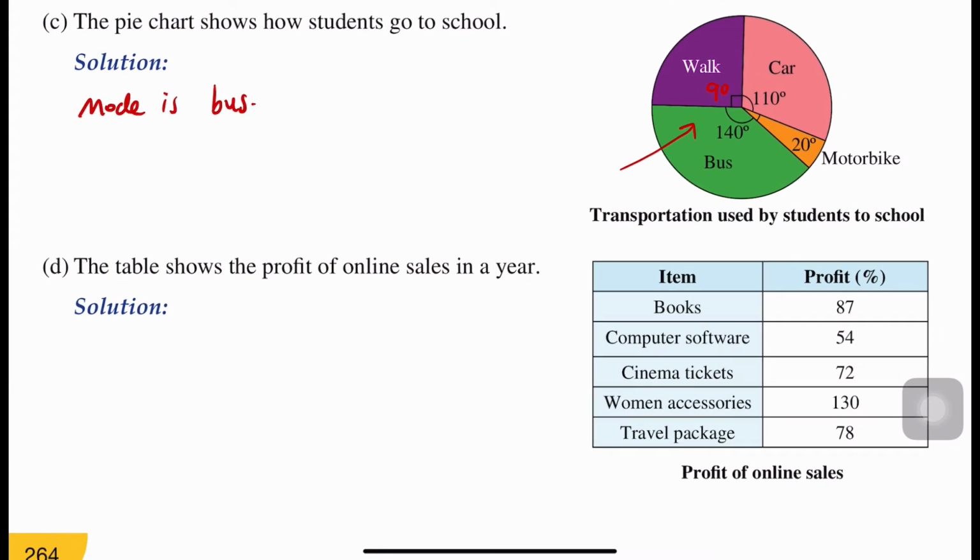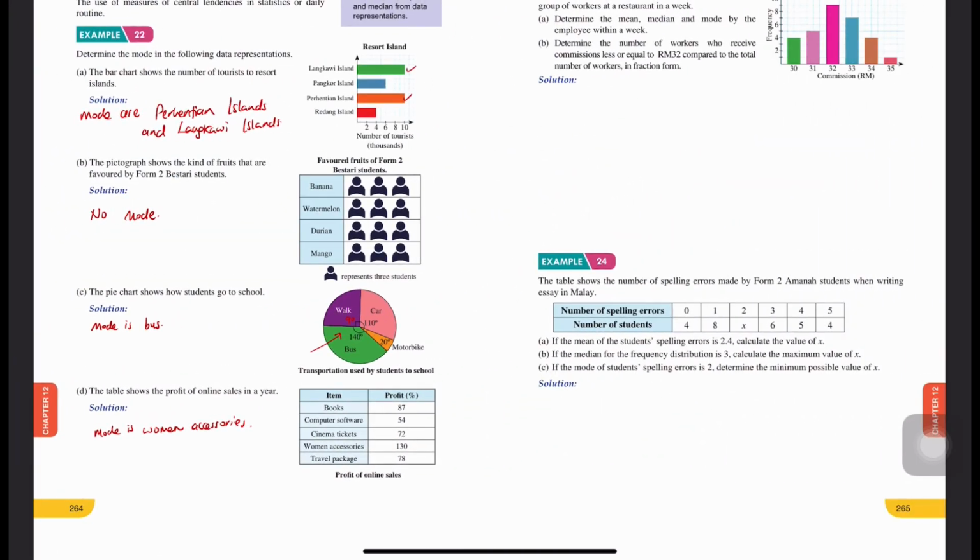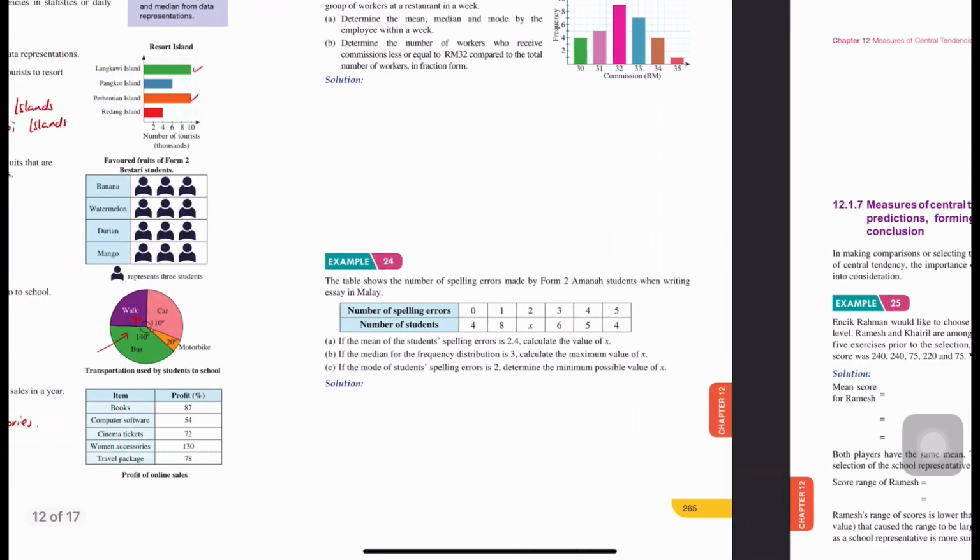So kita tengok percentage mana yang paling tinggi. Profit paling tinggi adalah 130%, which is women accessories. So kita boleh tulis mode is women accessories. Boleh itu sahaja cara kita nak tentukan mode of the following representation.